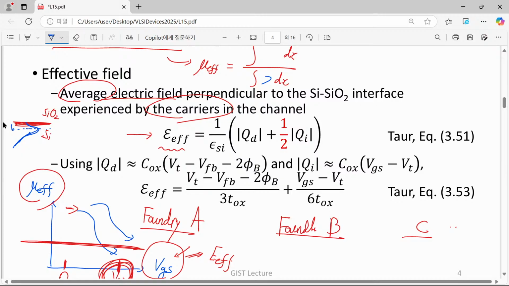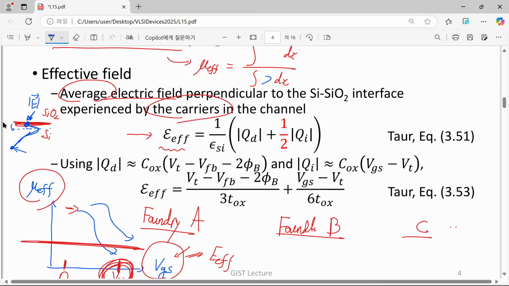Let's ask this question. What is the electric field felt by the surface-placed electrons? Here we have a very small number of electrons just below this electronic gas inversion layer.